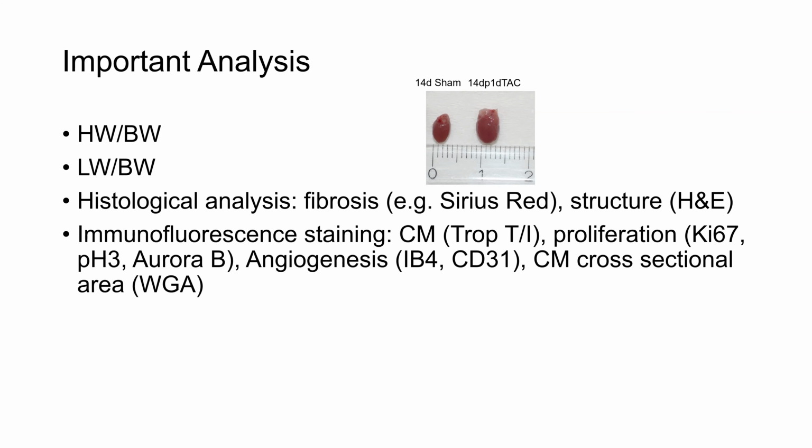You can further perform different immunofluorescence stainings, for example, using antibodies against cardiomyocytes, such as troponin T, troponin I, or proliferation markers such as Ki67, PH3, or Aurora B. You can check angiogenesis with IB4 or CD31 antibodies, or you can check cardiomyocyte hypertrophy by measuring cardiomyocyte cross-sectional area using WGA staining.